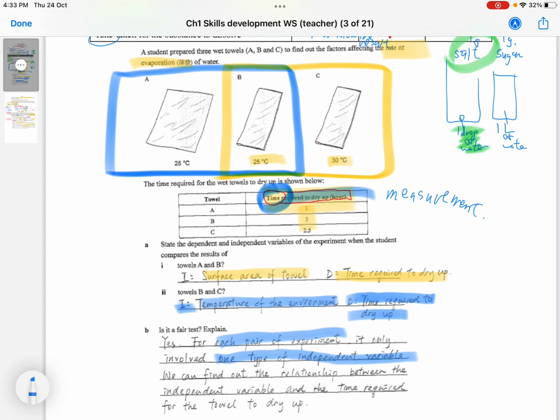And then what you have to think of next is what other factors may also affect the result and make the test unfair. Then they are the control variables you need to consider when designing an experiment. And that's all for the discussion here.